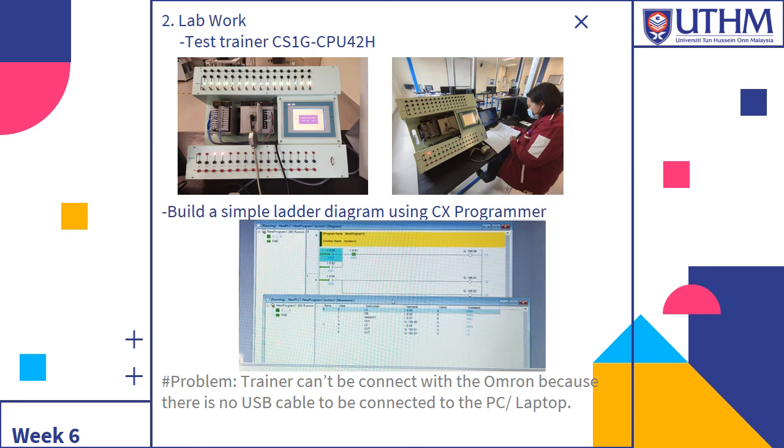So we only built a simple editor game using CX Programmer on a laptop. You can see the picture below. Above is the ladder diagram and below is the mnemonic code.